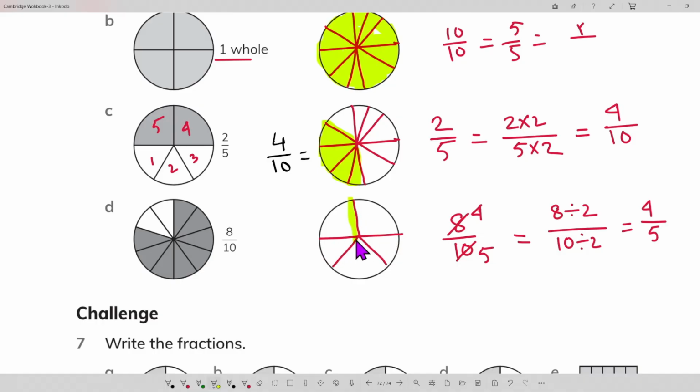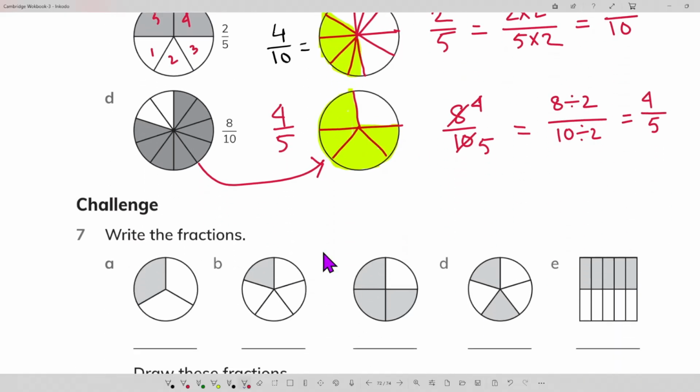Like this way. This way we can draw. So here is 1, 2, 3 and 4. I don't know if my explanation is okay or not, but I am trying to deliver my way. So 8 by 10 or 4 by 5 is a similar thing. So this picture and this picture are the same.